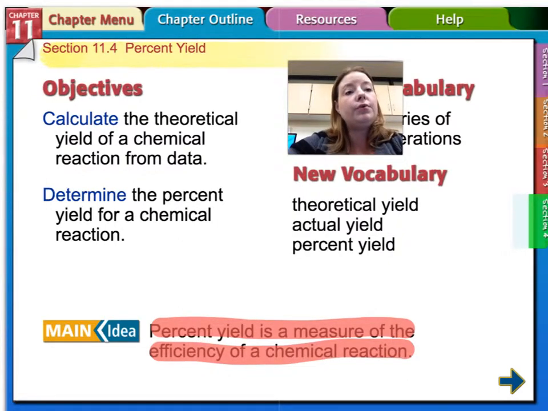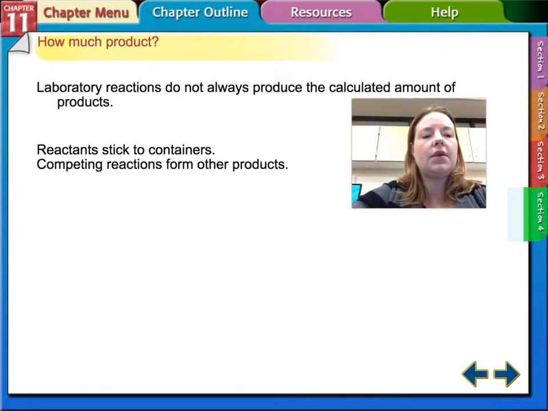So what you normally calculate when you're calculating all those numbers in your reactions is what's called the theoretical yield of that chemical reaction, but that might not be what you really get. There are a lot of different reasons that you might not get that theoretical amount from a chemical reaction.